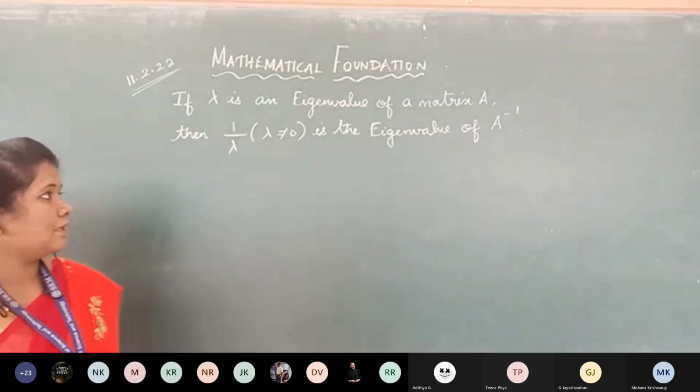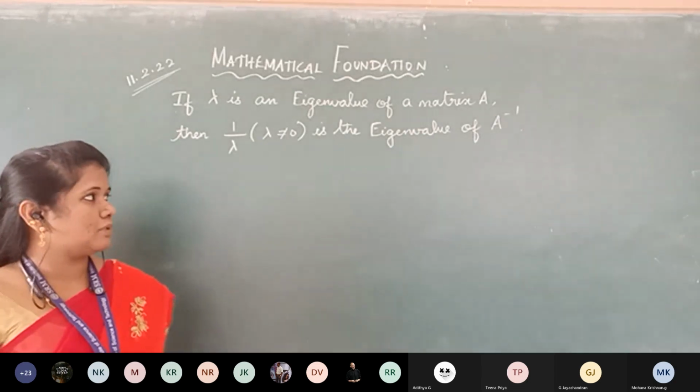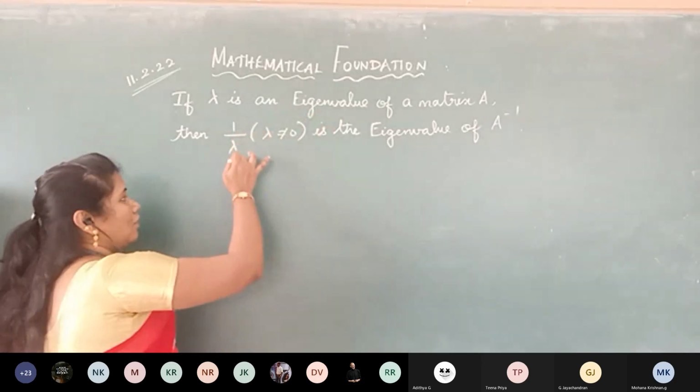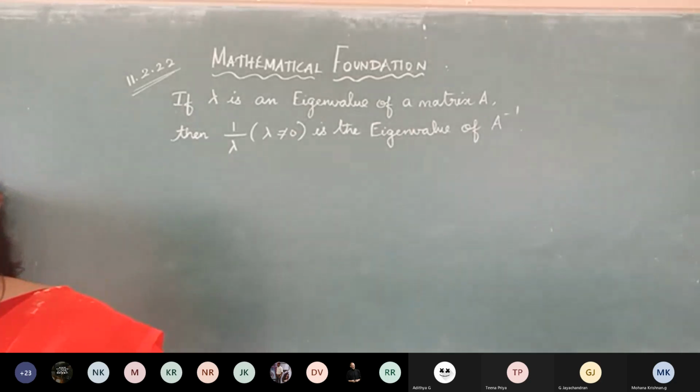Okay, if lambda is the eigenvalue of a matrix A, then if they're asking you to find the eigenvalue of A inverse, then whatever lambda values you've got, you'll take it as 1 by lambda. Okay, so this is one of the property.